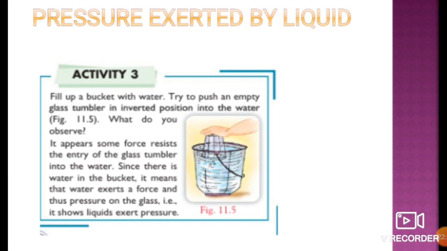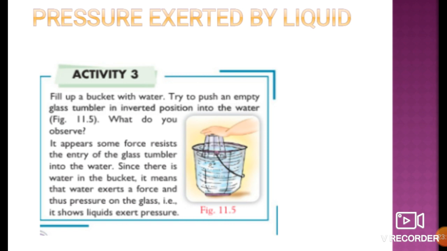So we really feel that there is some force which resists the entry of the tumbler into the water. Since there is water in the bucket, it means that water exerts a force and thus pressure on the glass. So from this experiment, we can conclude that liquid exerts pressure.